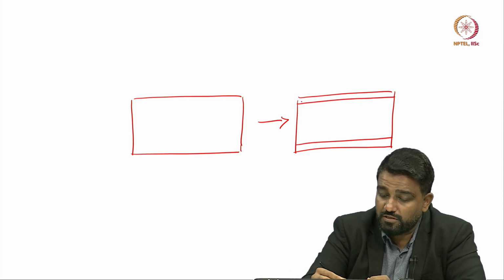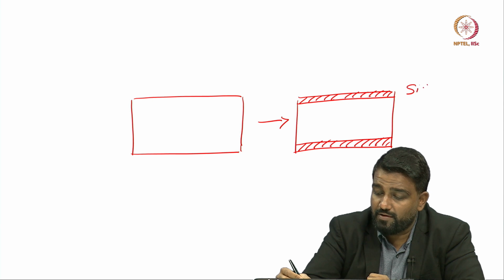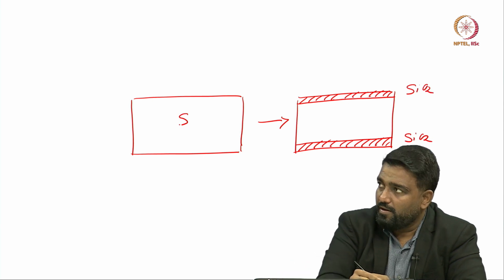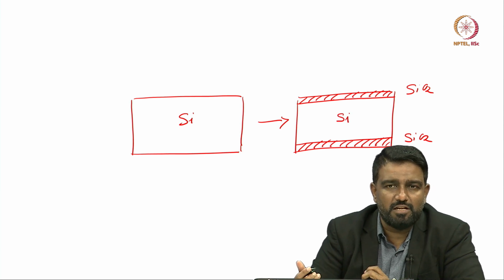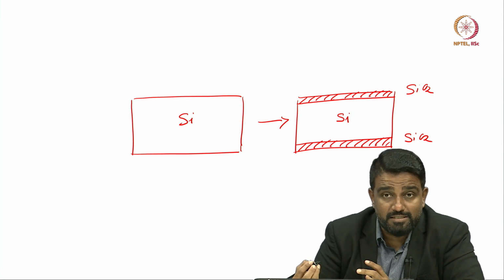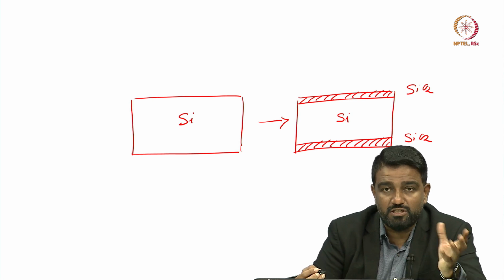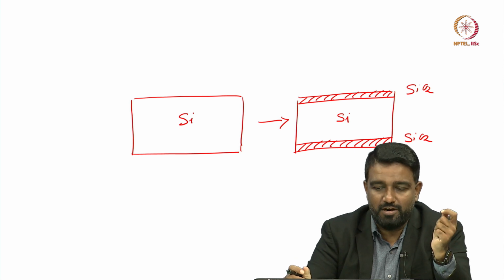So, I have to first either grow or deposit my silicon dioxide or an insulating material. So, here let us say that we have SiO2, this is a silicon wafer and this is also silicon wafer. If we say a 4 inch silicon wafer about 450 microns thick, we can use single side polished or double side polished wafer, what we call SSP or DSP.